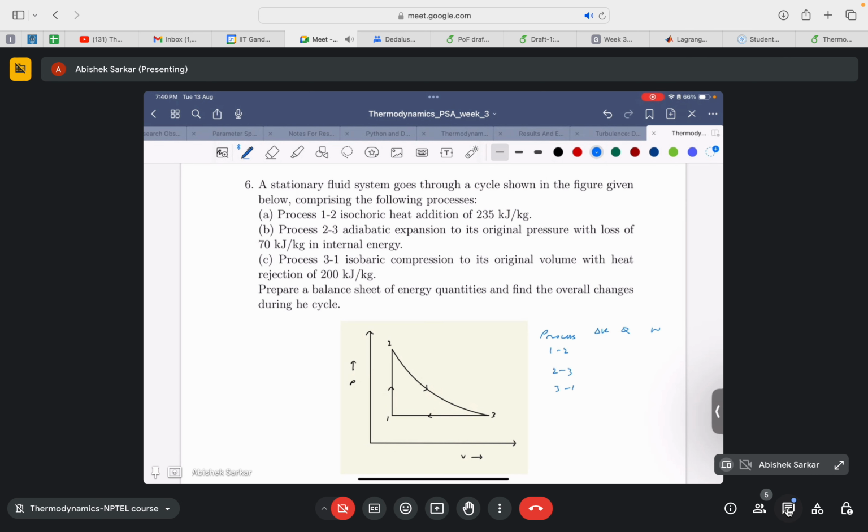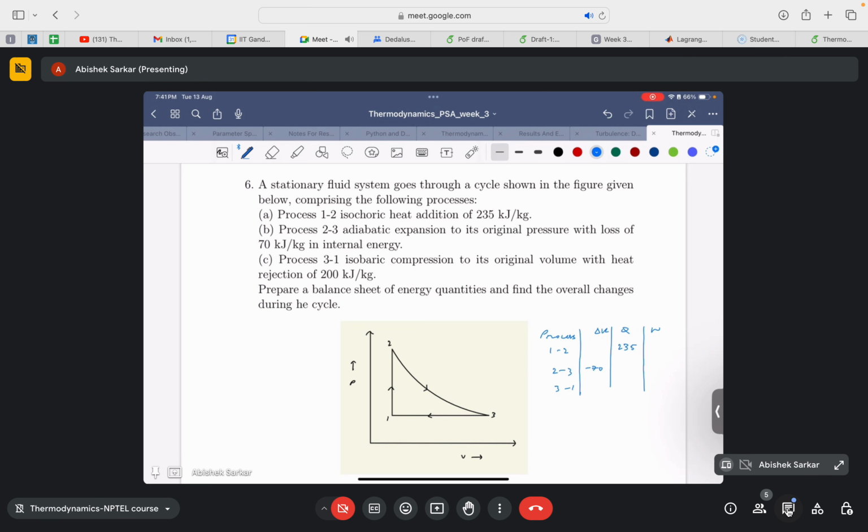So for the first process, isochoric heat addition, Q is positive, so it is 235. I hope my writing is clear enough, otherwise you might get confused. W and delta U we do not know. For 2 to 3, adiabatic expansion to its original pressure with a loss of 70, so it is minus 70, right?